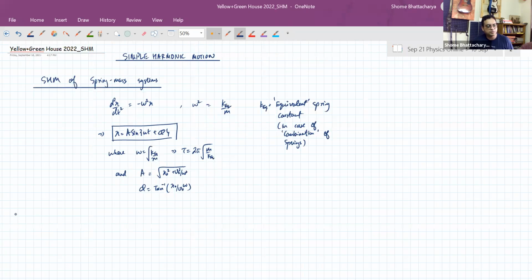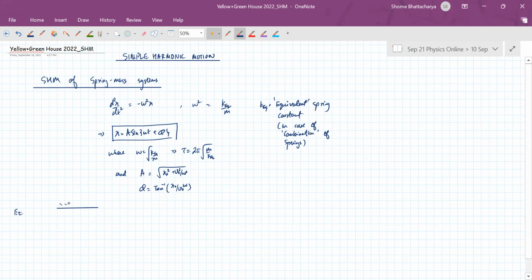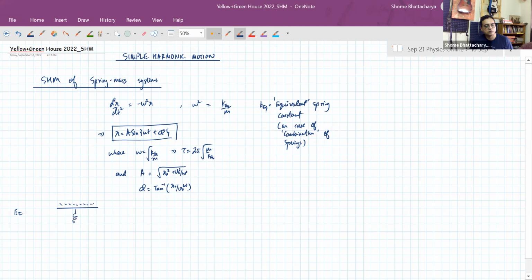So let's start with an example problem today. We'll take an example of a vertical spring mass system, but having a combination of two springs, like this.